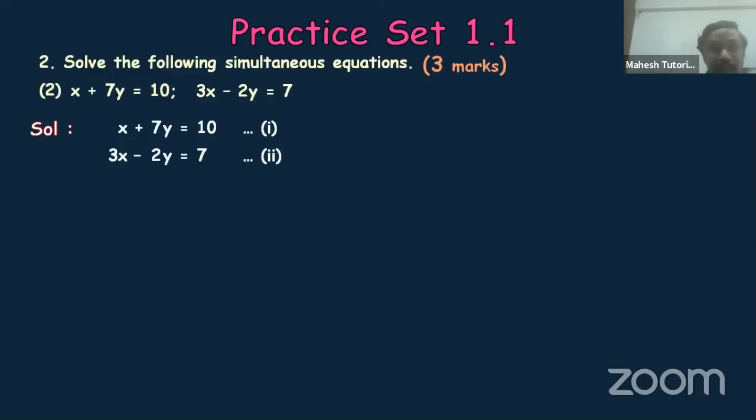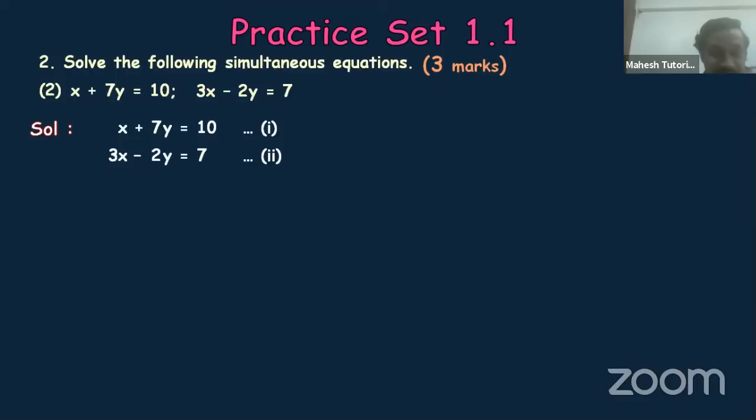But to make the calculation simpler, it would be better if you consider that equation which has the lowest coefficient.